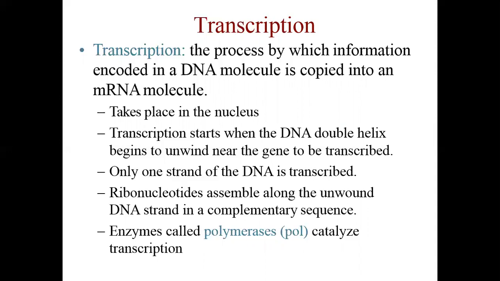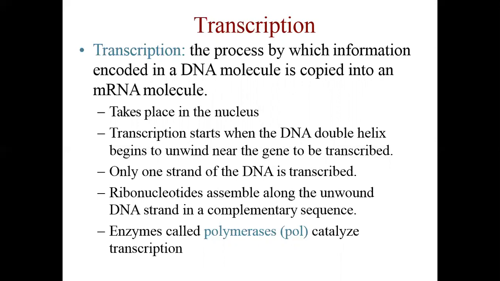Transcription starts when the DNA double helix begins to unwind near the gene to be transcribed. Only one strand of the DNA is transcribed, and this strand is known as the plus strand, and the other strand which is not transcribed is known as the minus strand. The copy of RNA is just like the minus strand.